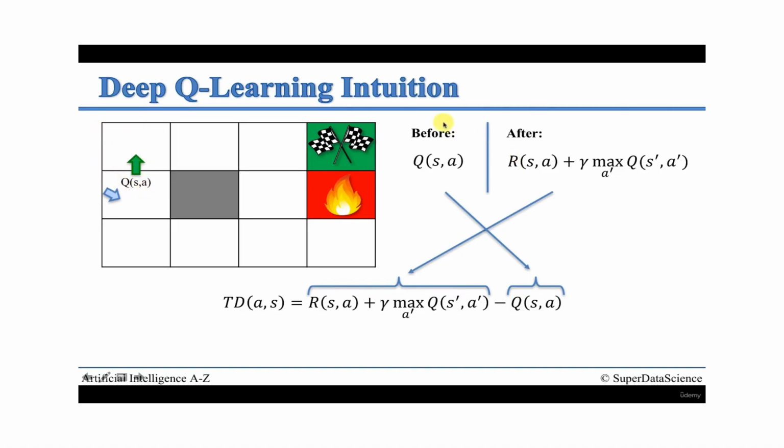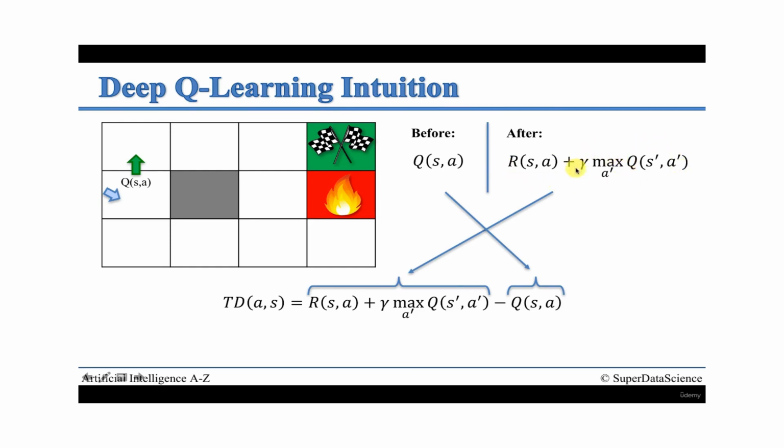And so what we saw here, this is in the simple Q-learning, not the deep Q-learning, was that before, the agent had a certain Q value that he had learned about this action of going up. And so then he decides to take this action to go up. And right after he takes this action, he gets a reward for taking this action in this state. And that is that reward.